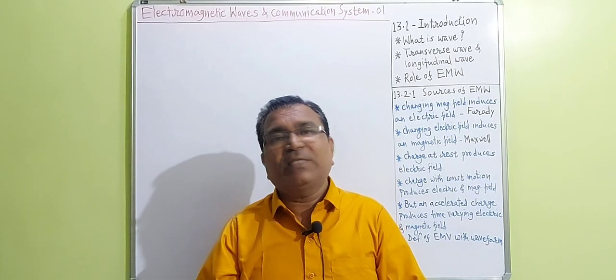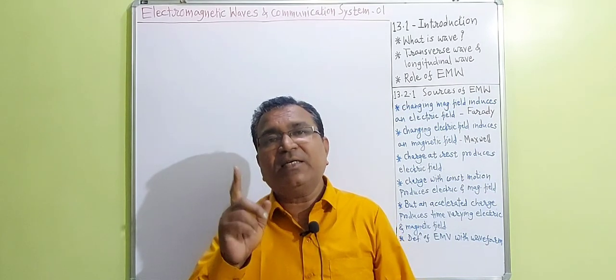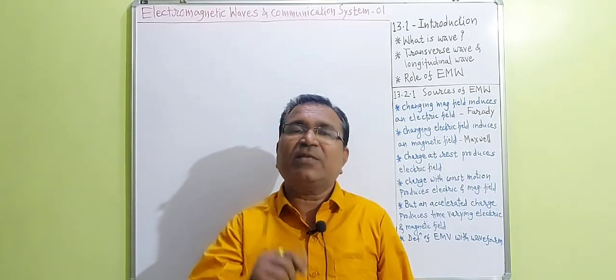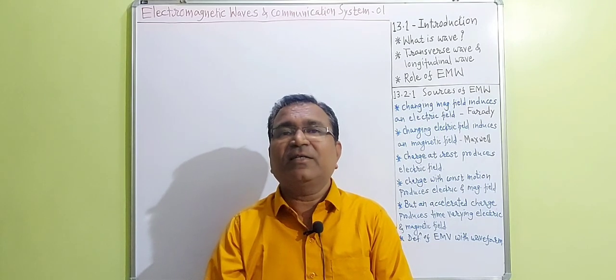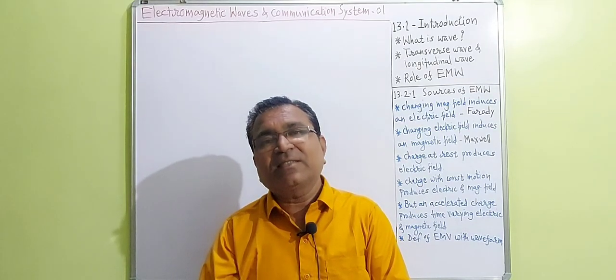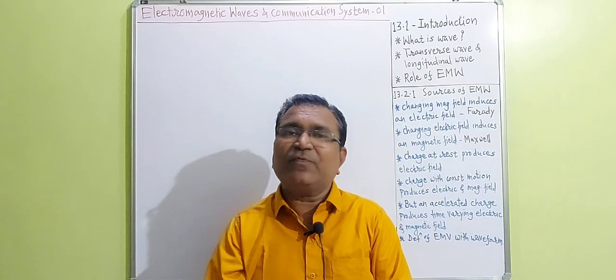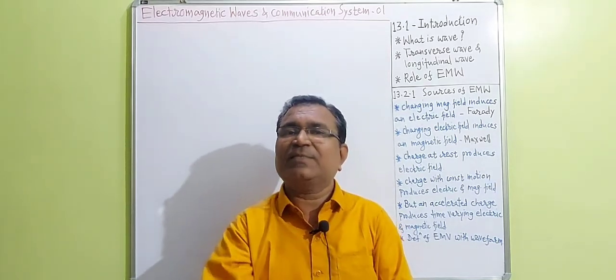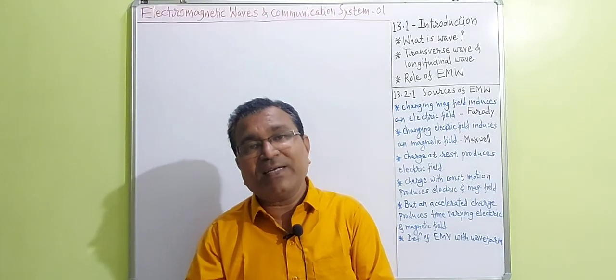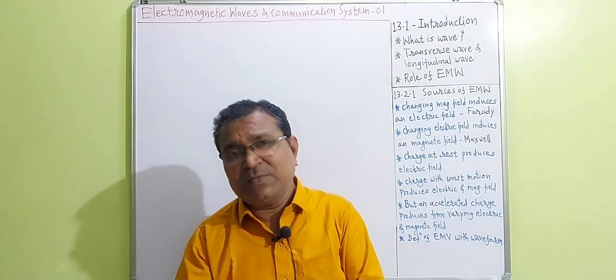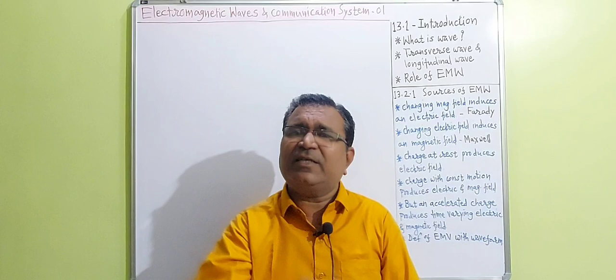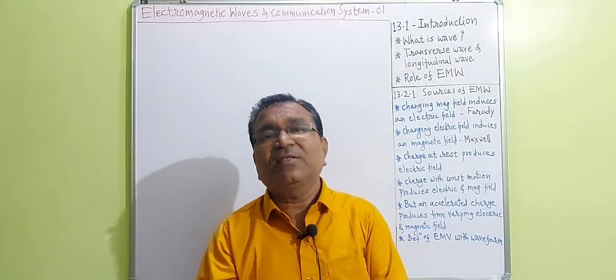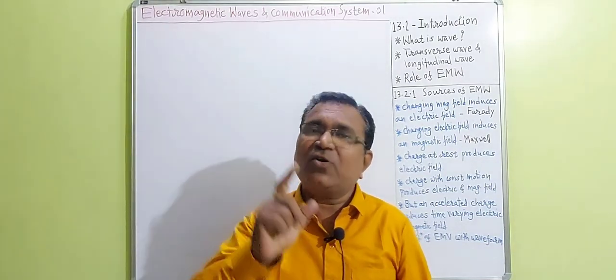So, dear students, be alert and listen to this first lecture very carefully, so that you can understand the basic concept of electromagnetic waves. Before learning electromagnetic waves directly, we have to learn some introductory part.